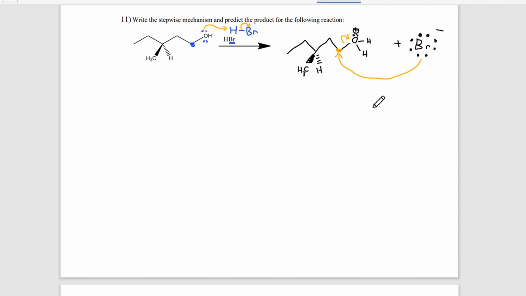And if it has 2 hydrogens, it can't be a chiral center. It has to have 4 different groups to be a chiral center. So boop, boop. 1, 2, 3, 4, 5. Now the bromine is here.